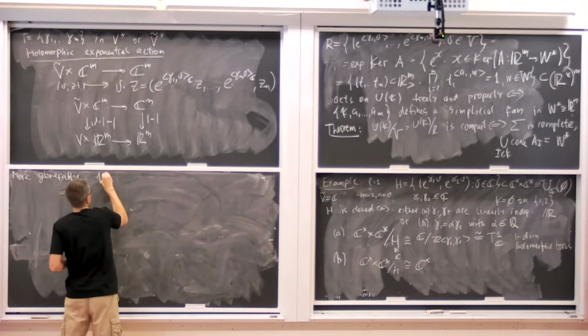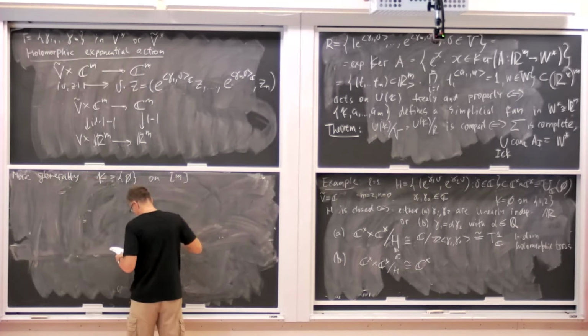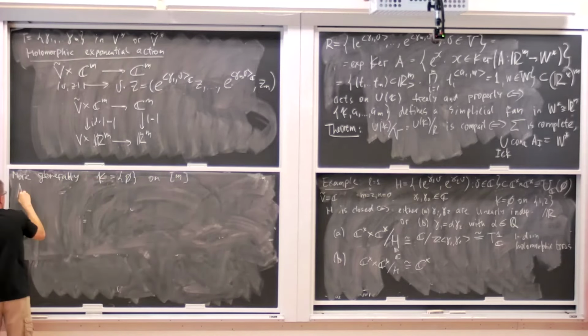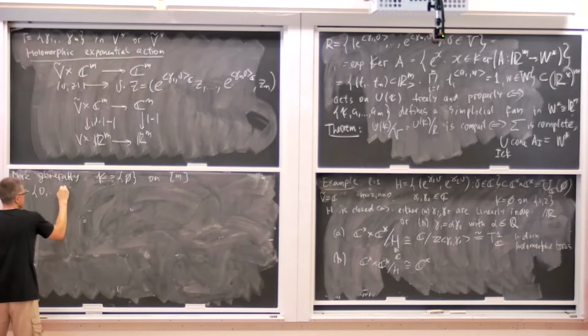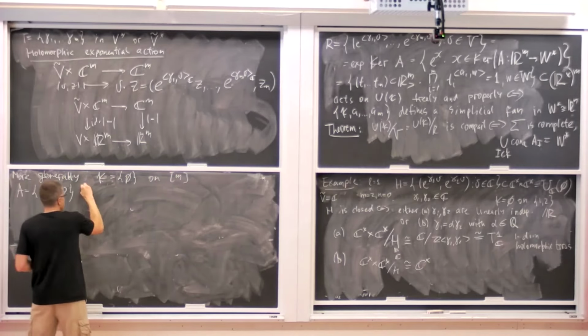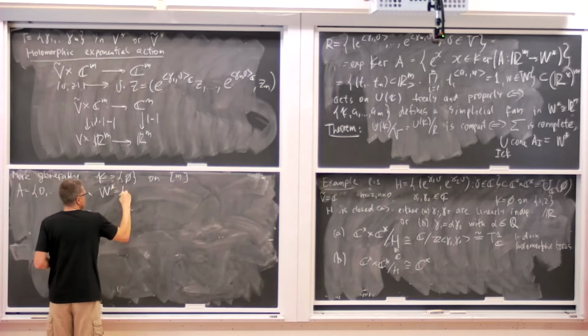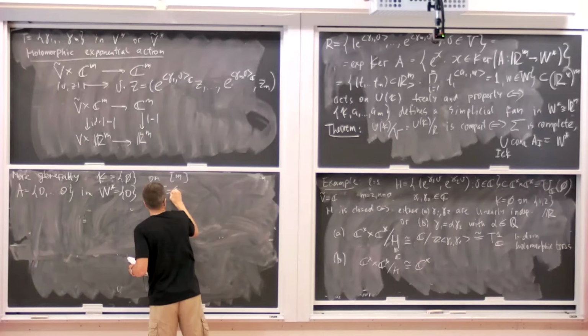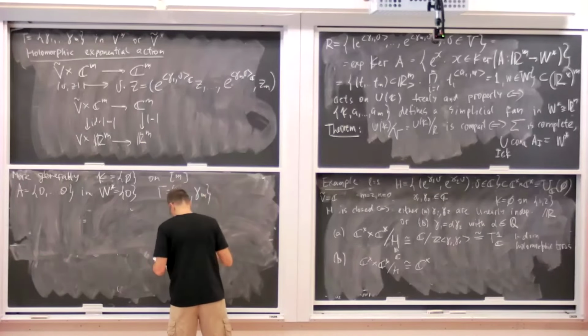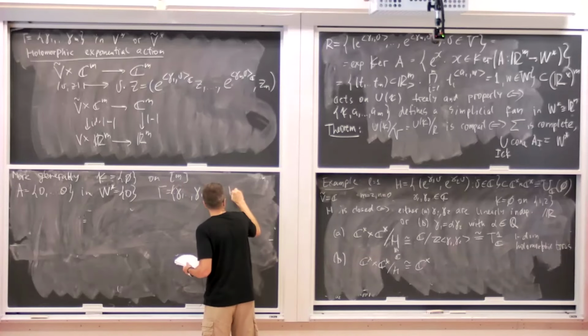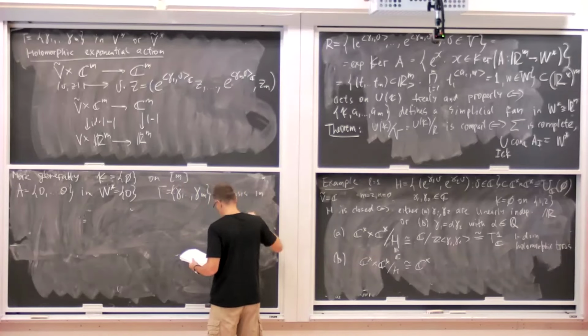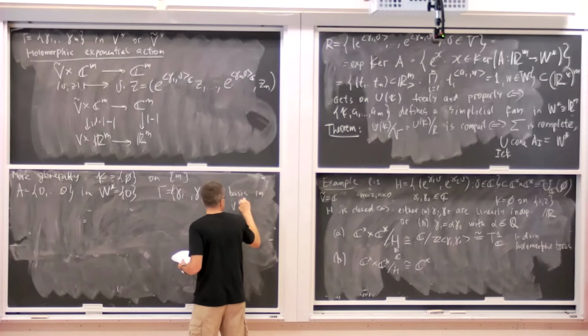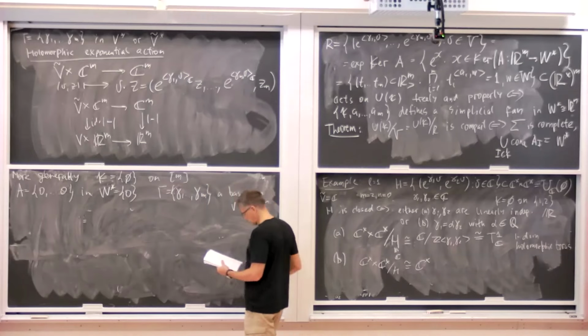You can look at K as an empty simplicial complex on the whole set of M vectors, so that your A configuration is just 0. It consists of M zeros, which is just a 0 vector space, and the Gale dual configuration gamma is a basis in V star, right?